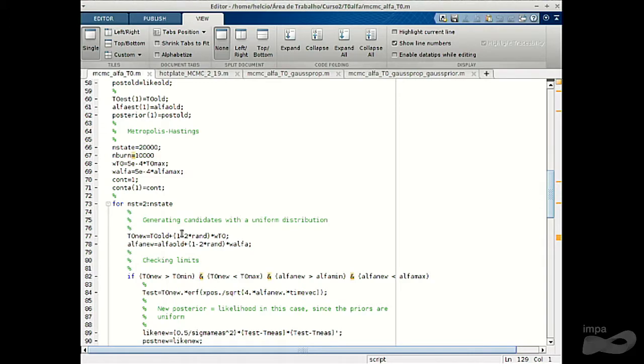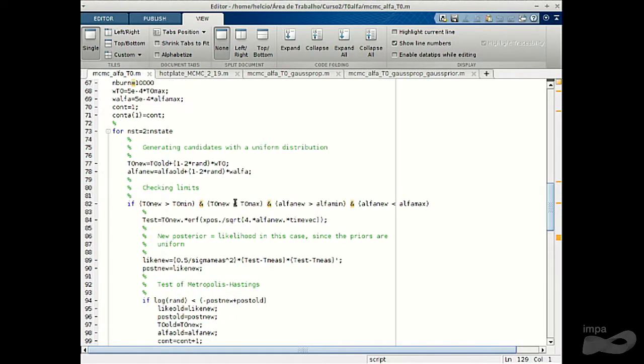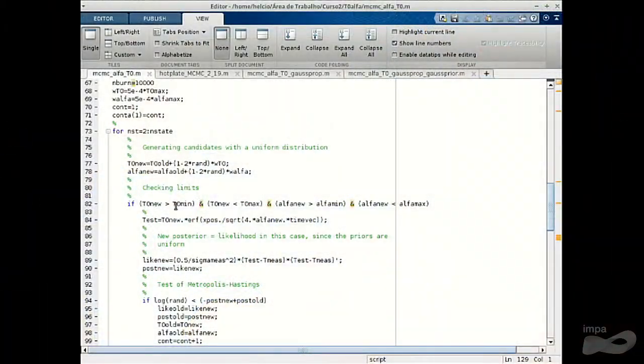Okay? So then I check the limits, and I'm only going to do the Metropolis-Hastings test if the candidates are inside the lower and upper bounds for both parameters, okay? For both parameters, for T0 and for alpha. Okay, so if it is inside this interval, I compute the estimated temperature with the candidates, okay?